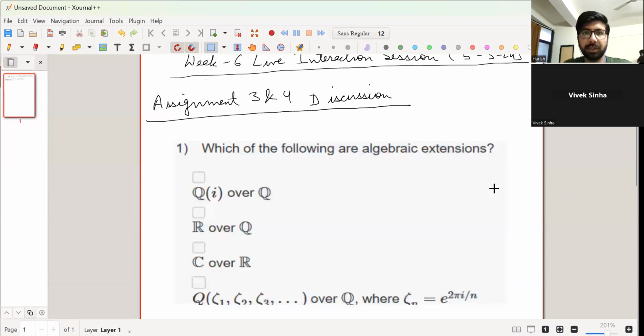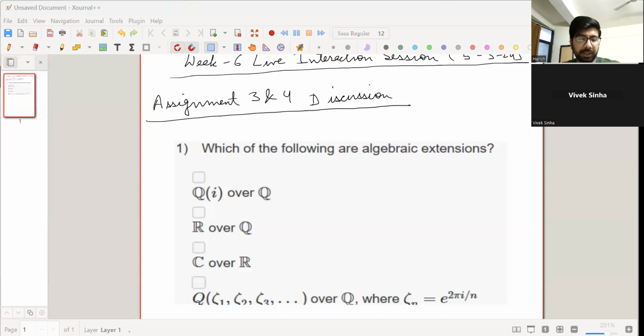Algebraic extension means each element of the extended field is algebraic over the base field.